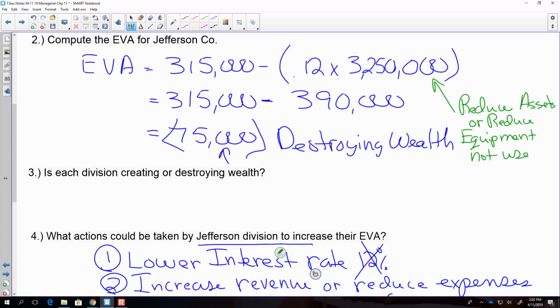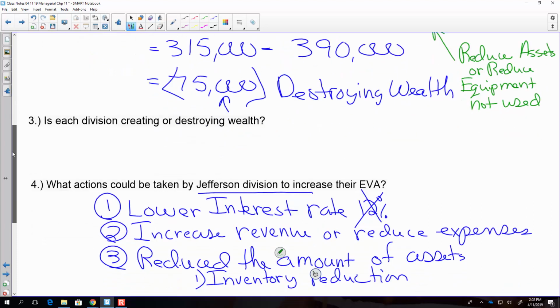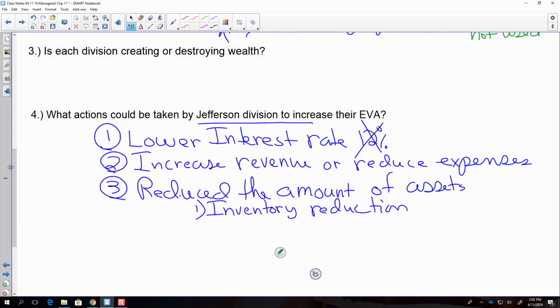So that's the goal here. So it's a nice way to analyze a company's performance month to month with just basically one number, EVA, for that particular division. So hopefully that should be an easy computation.